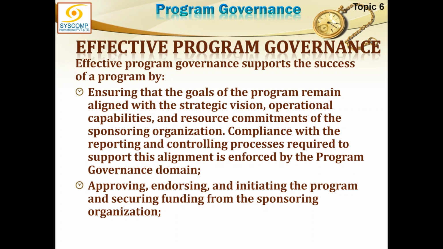So, approval of a phase, endorsement that this job has been done all right, and initiation of a program phase, a program itself, or any one of these phases, or for that matter, you can also say giving a go no go decision. This is all part of effective program governance.